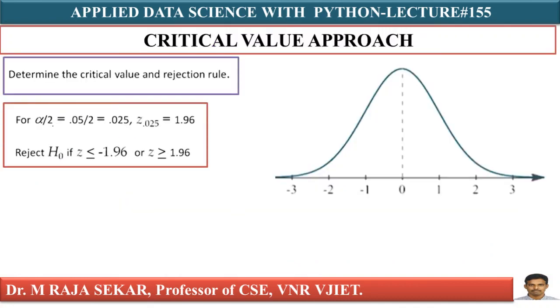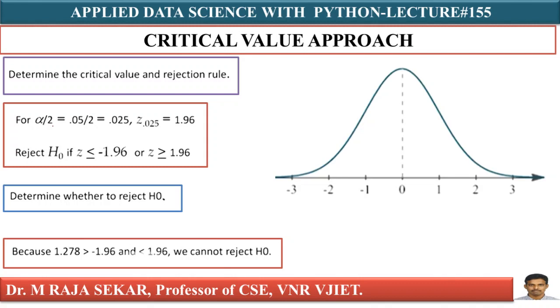Determine the critical value, alpha by 2, z alpha by 2, z 0.025. That I can say is 1.96, isn't it? How one can get 1.96, I already discussed in previous lectures. This is 1.96 at 0.05 level of significance, 0.05 by 2. On the left side it is minus 1.96.